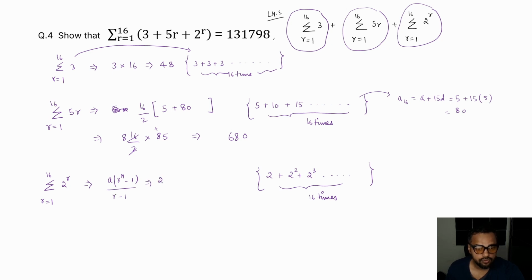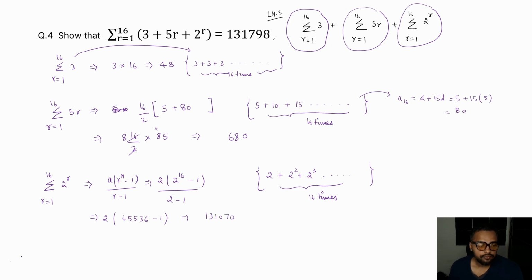So a is 2, r is 2, giving 2 times (2 raised to the power 16 minus 1) upon (2 minus 1). 2 to the 16 is 65536, minus 1. On calculating it, we get 131070.